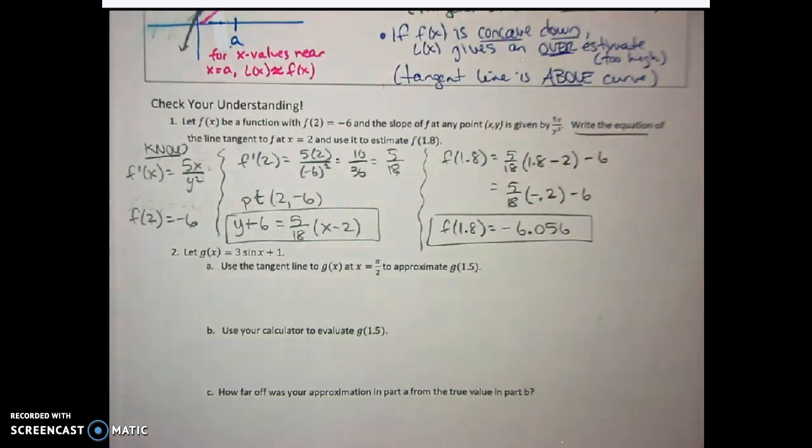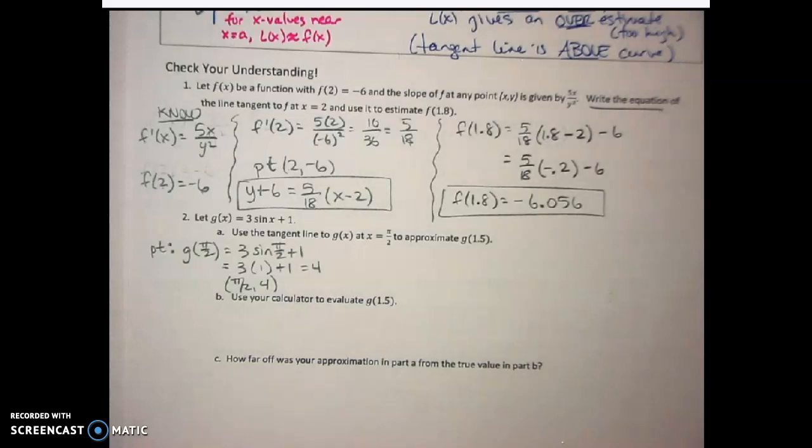Number 2. Let g of x equals 3 sine x plus 1. Use the tangent line to g of x at x equals pi over 2 to approximate g of 1.5. You're basically going to be doing the exact same process that we did above, so go ahead and pause the video and do part A, please.